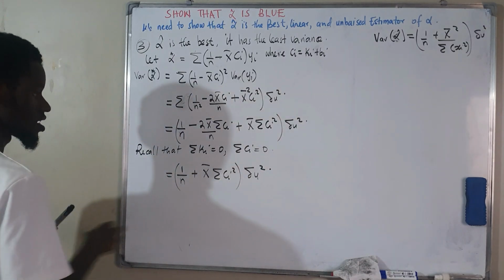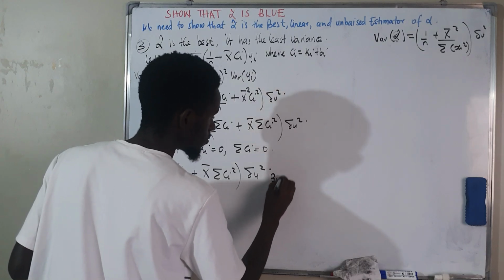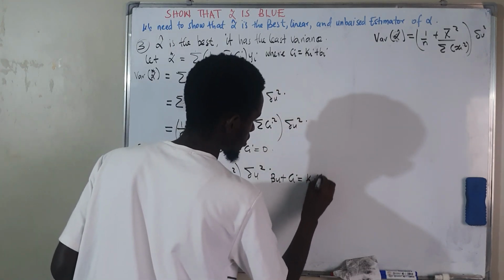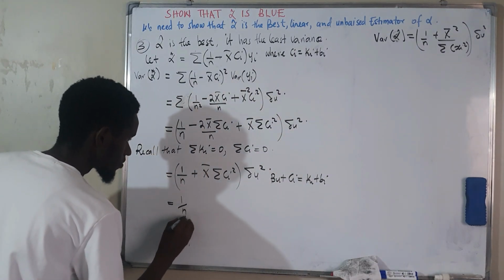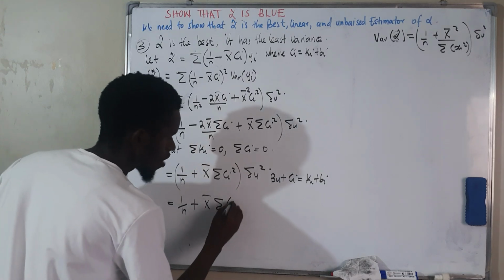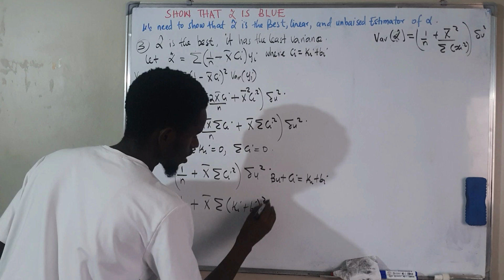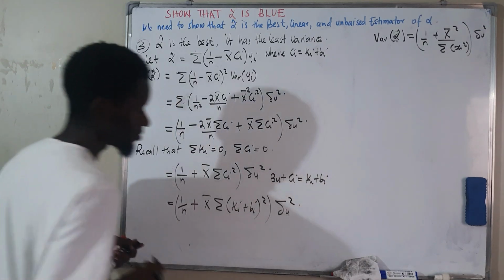But recall that ci is the same as having ki plus bi. If I replace it inside here, I'll have 1 over n plus x bar squared summation of (ki plus bi) squared, everything times sigma u squared.